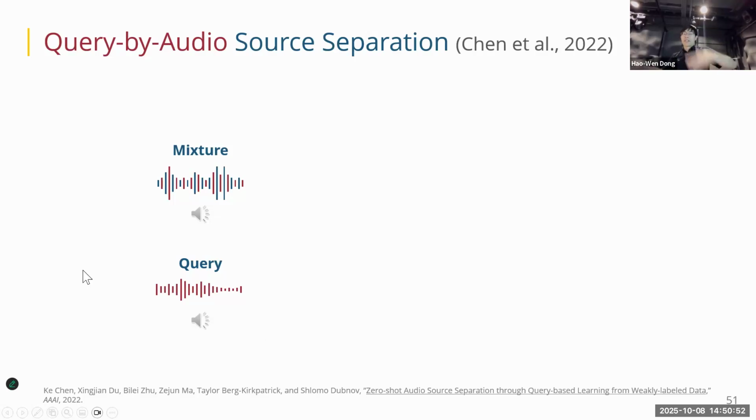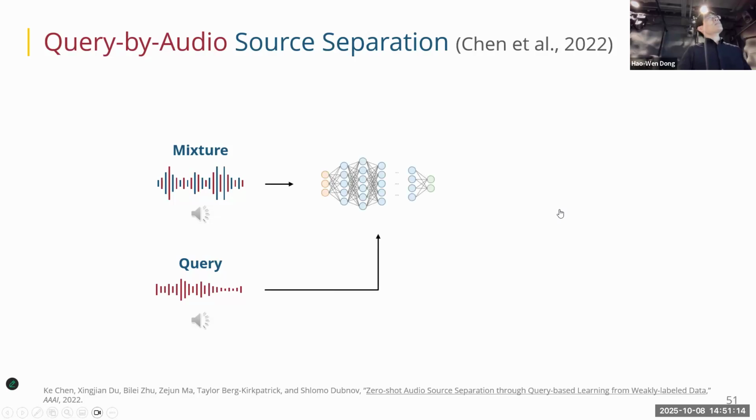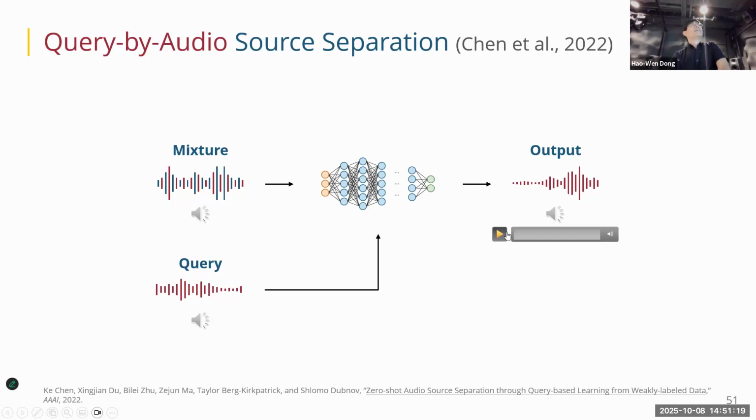So think about being on stage. You want to have a source separation model and you don't know exactly what the ensemble will be like. So before the performance starts, you ask each single player to record a 30-second or 1 minute solo. And then you use that as the query to do the source separation. This is a way to think beyond just predefined targets.